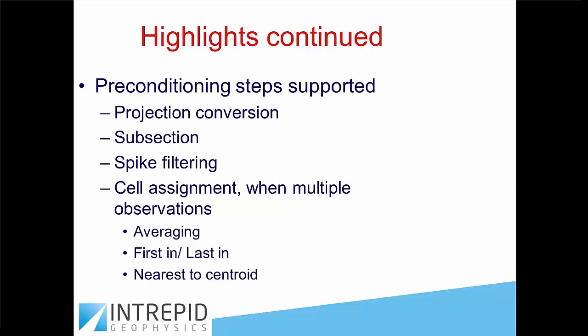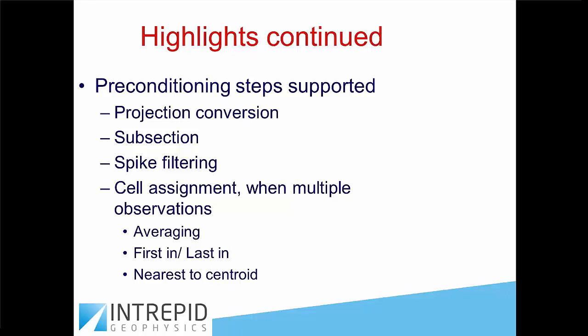Before you create the grid, it's sometimes desirable to transform the dataset fields for various reasons. One of the things you might wish to do is do a projection conversion on the fly. You may only want a subsection part of your database to zero in on an area of interest. You may wish to apply a line filter of some description, a Naudy line filter is available.